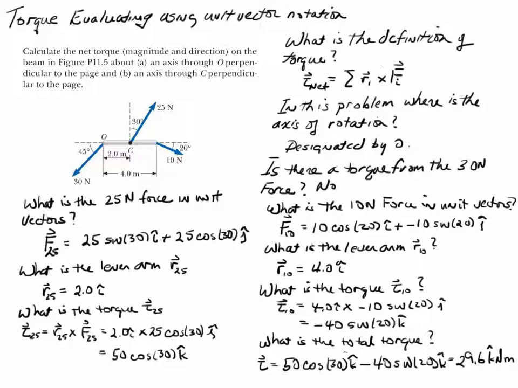Now the k hat refers to the direction of rotation. If it's a positive k, it's in the counterclockwise rotation. If it's a minus k, it's in the clockwise rotation. And this is governed by the right-hand rule, and you should be able to understand how the right-hand rule works in this case. End of problem.